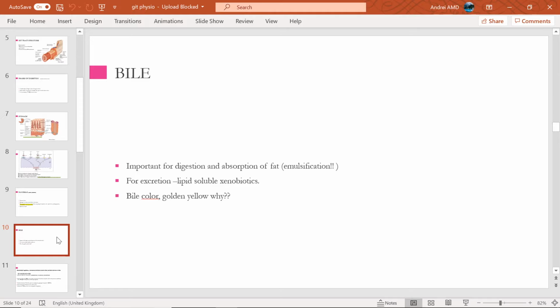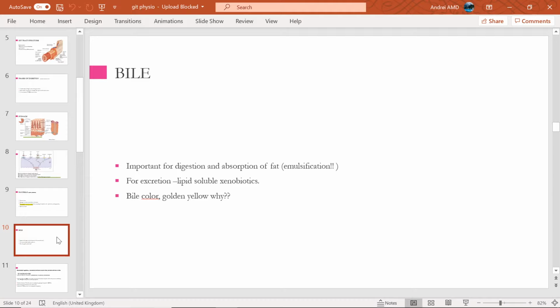This is also biochem, but what it means briefly is that when you have any toxins or any waste that you don't desire, if it's lipid soluble, it is secreted with bile. There's no other way, or maybe by stool if you drink it or eat it. But yes, this is important for excretion of toxins, xenobiotics.